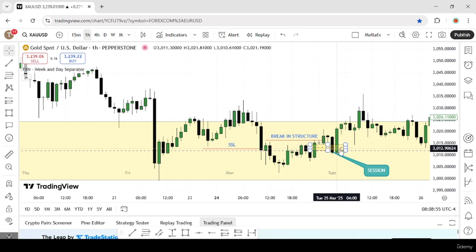So this fair value gap is what we want to capitalize on by entering during a specific time session, the London or the New York again, and then you place your stop loss below the swing low of that fair value gap. For targeting, I'll show you where to target for both the breaker and the fair value gap.